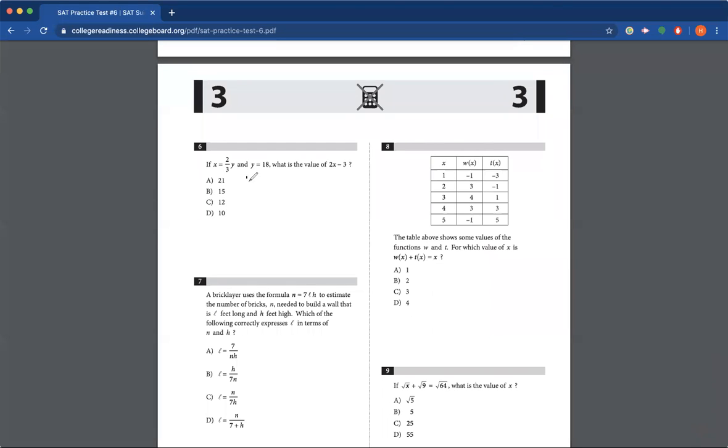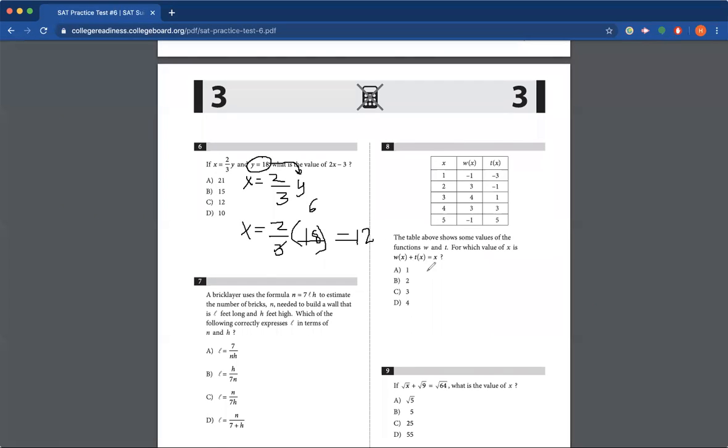So we have x equals 2/3 y, okay? And they gave us that y equals 18. So we could substitute 18 instead of y. Okay, I will re-explain that, don't worry. Now, we multiply this, 3, so this is going to be 6. 6 times 2 is 12.